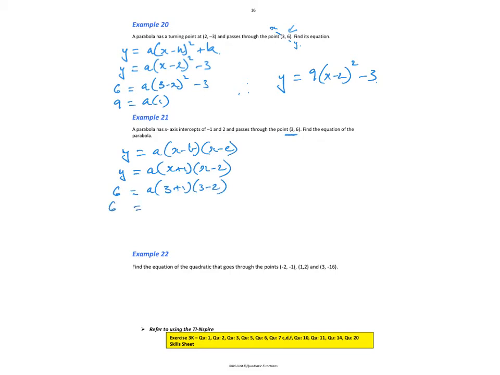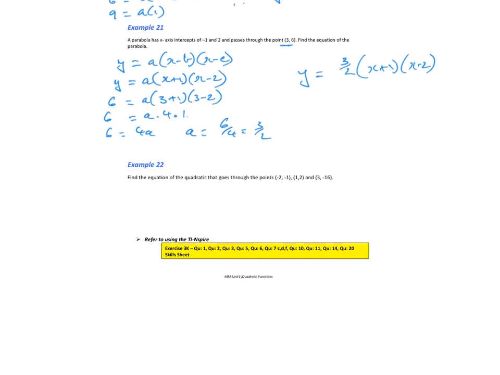So we've got 6 is equal to a times 4 times 1. So 6 is equal to 4a, a is equal to 3 on 2. So again, y is 3 on 2, (x plus 1)(x minus 2). So it's just going with whatever information you've got.